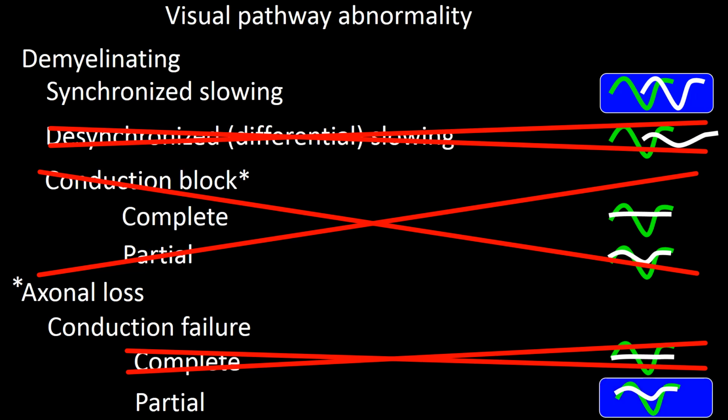Axonal loss pathology when a loss of amplitude occurs without a significant delay in P100. And when a drop in amplitude is associated to a delay in P100, we talk about mixed demyelinating axonal loss lesions.